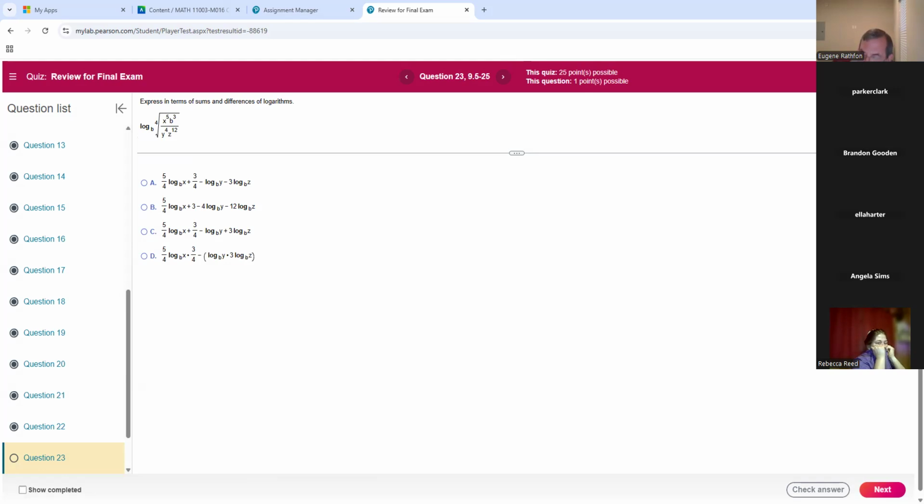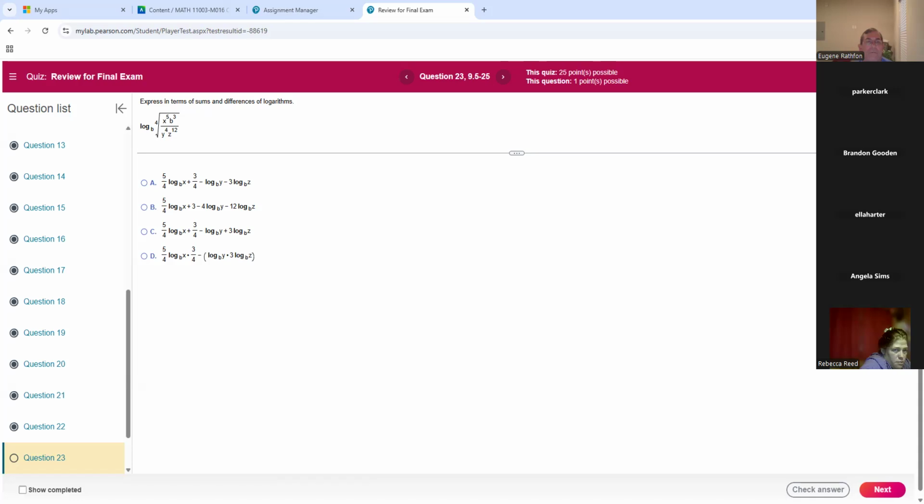All righty, this is 23. It's going to be a little bit of a long one because of that radical. So let me write this down. Log base B, it's a 4th root of x to the 5th, b to the 3rd, over y to the 4th, and z to the 12th.